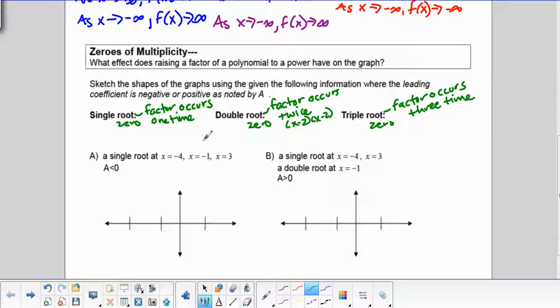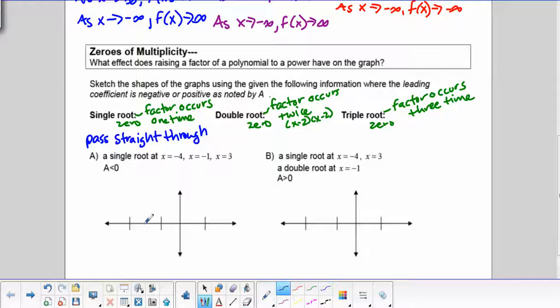So if it has a single root, what happens is that it's going to pass straight through. So the graph is going to pass straight through the 0. So in the first example here, it says single root at -4. Oh, sadly, I don't see a -4.